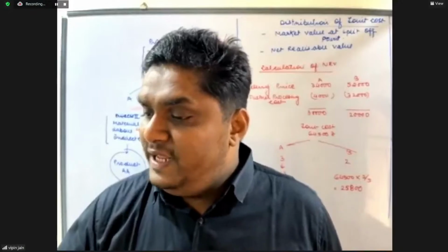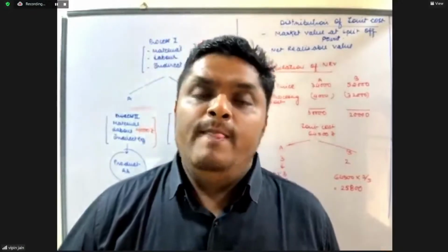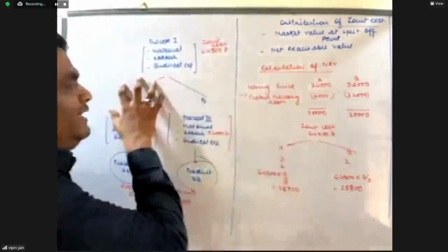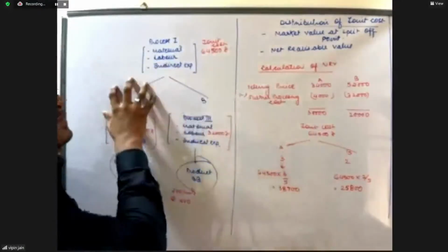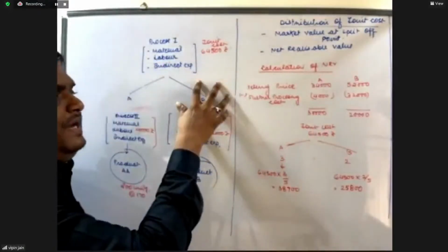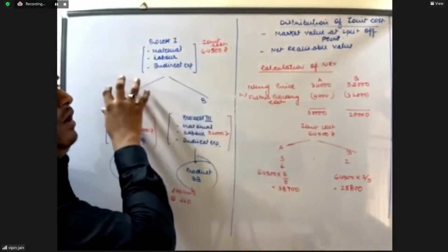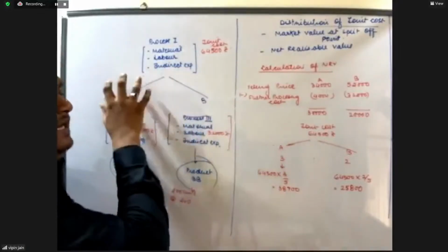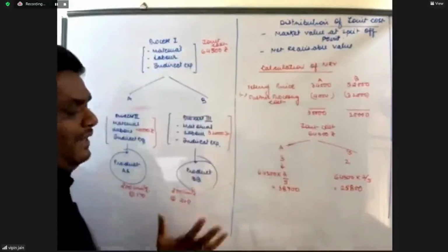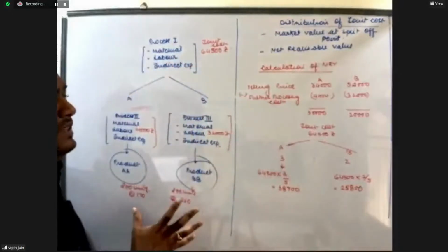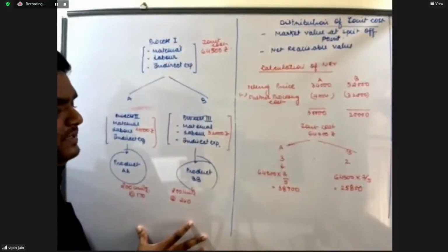Sahana, sir, please explain once again. So Sahana, if the market value of product A and B is available, then distribute the joint cost in the ratio of the market value at split off point. But if market value is not available, we'll calculate the dummy market value, that is, we will calculate the net realizable value.